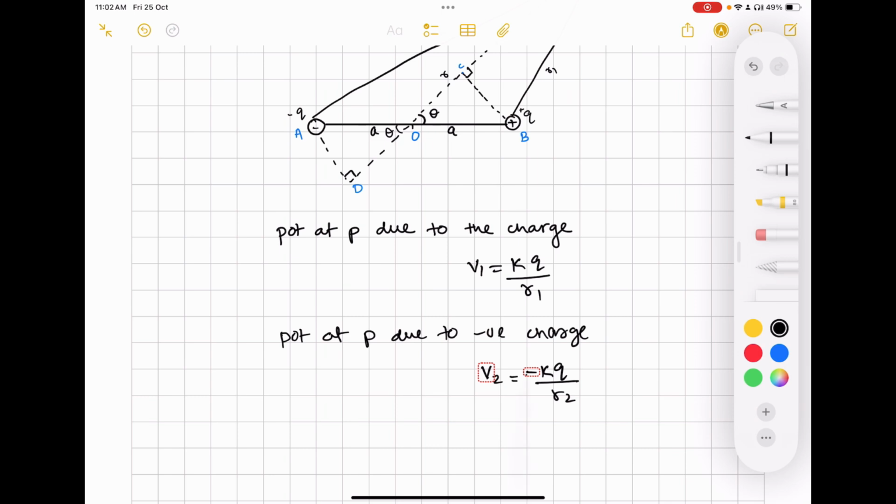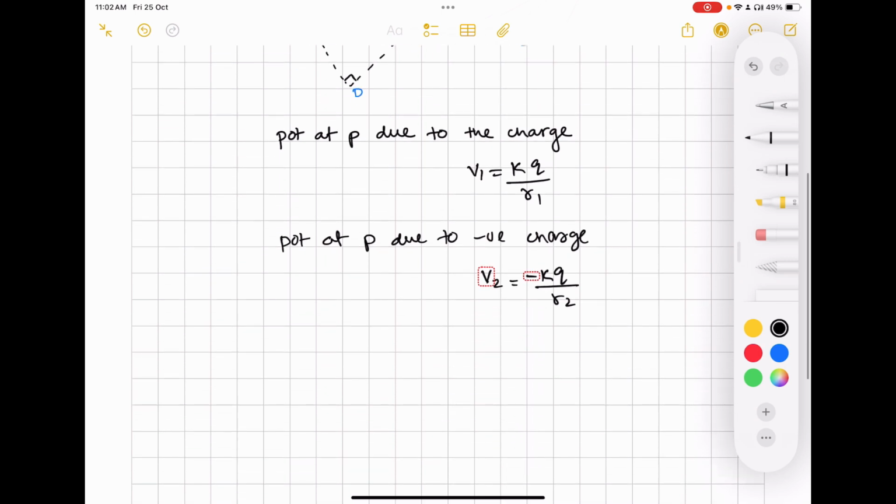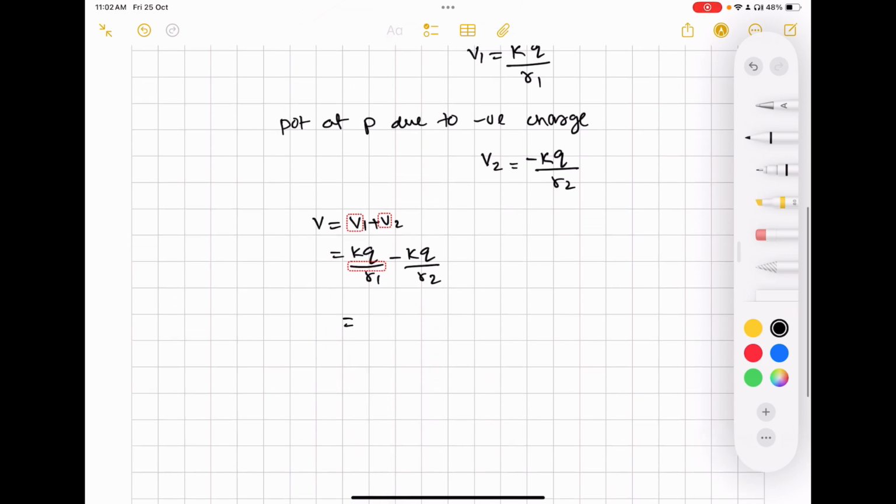The negative sign shows that this potential is due to the negative charge. So the total potential at point P is V1 plus V2, which is KQ by R1 minus KQ by R2. We can take KQ outside: KQ into 1 by R1 minus 1 by R2.